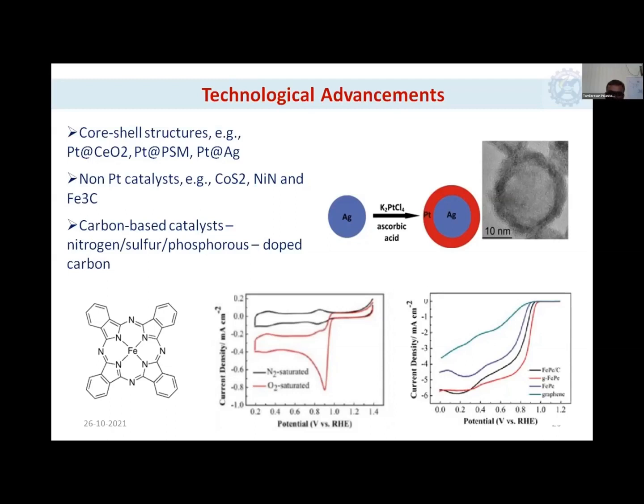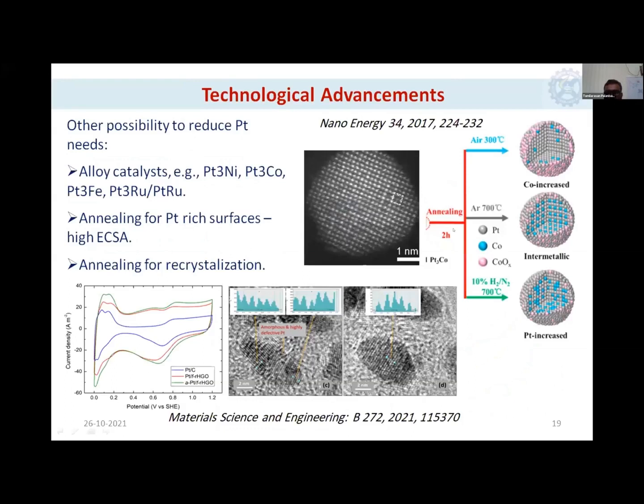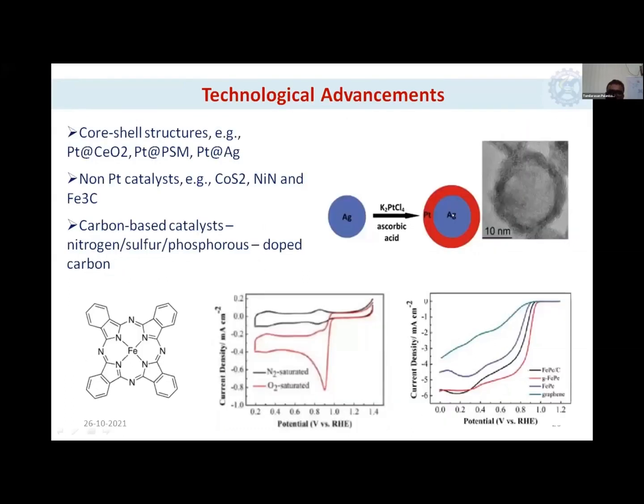Initially here we have taken an alloy nanoparticle and we have annealed it so that you will get a platinum-rich surface. We can do it in a different way, like taking a non-platinum metallic nanoparticle, and you can deposit platinum using galvanic displacement on this metallic nanoparticle, so that your core will be a non-platinum metal.